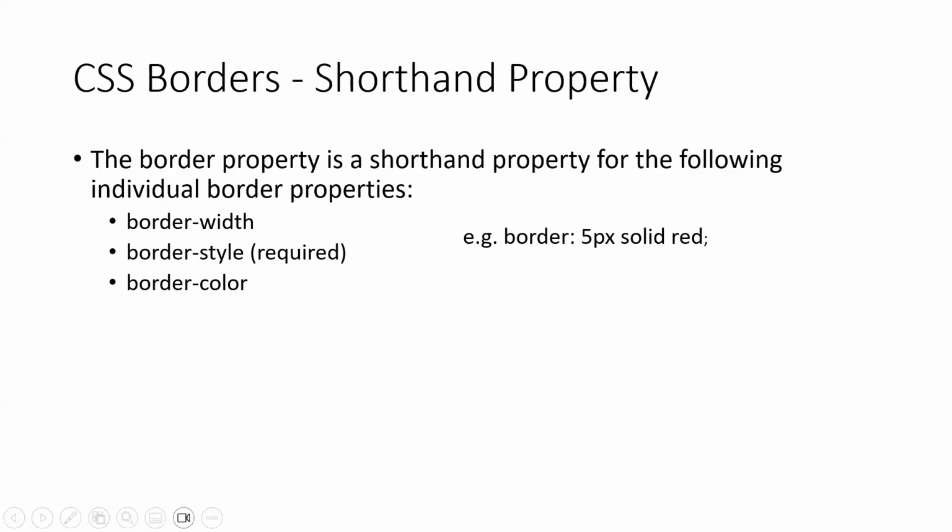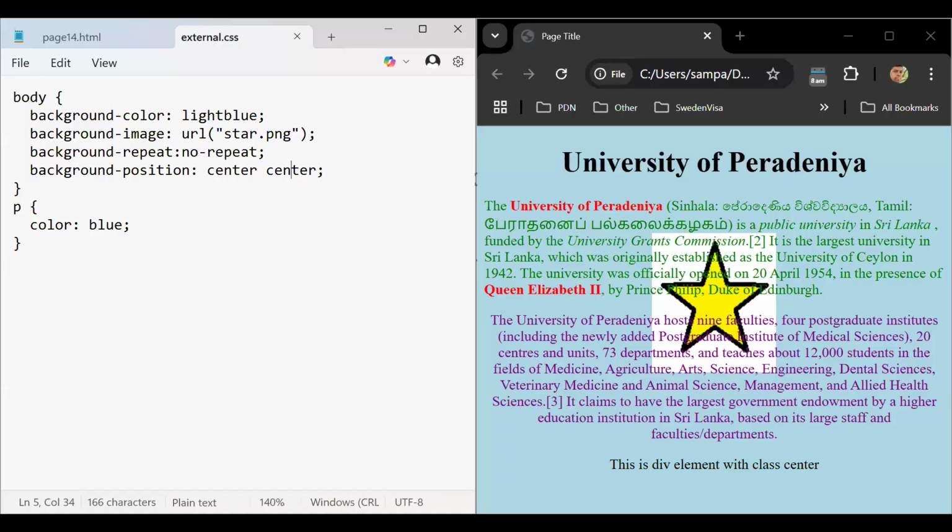Okay, so maybe we could try one. So going back to the code again, let's apply one of the borders and then see. We have paragraphs, right? And then we have colors.